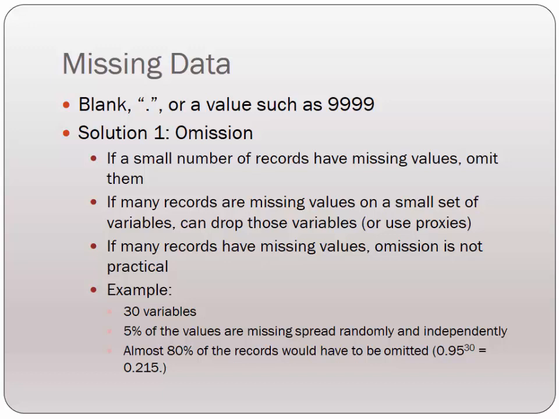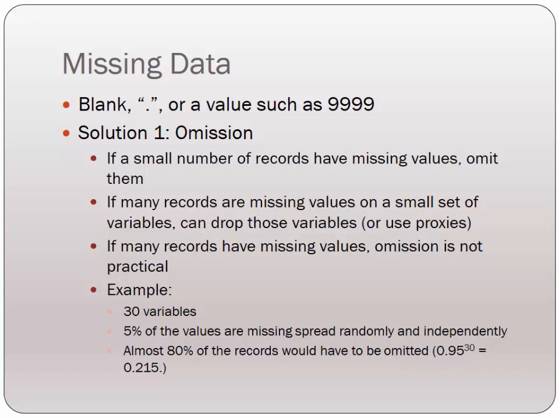So for each column, there's a 5% chance that one particular value will be missing, because there is 5% missing in the whole data set. So 95% will not be missing. You have 95% probability for the first column that it will not be missing, 95% probability for the next column, and so on.